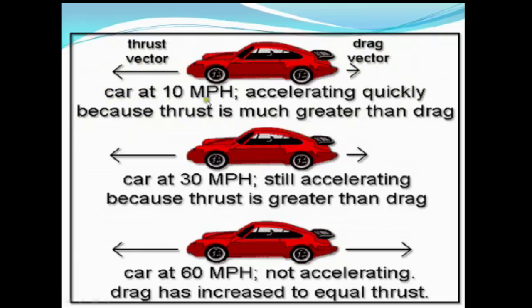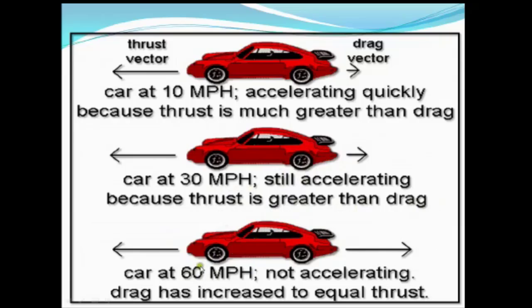Here the car at 10 meters per hour is accelerating quickly because thrust is much greater than drag, so it is moving faster. Here the car at 30 meters per hour is still accelerating because the thrust is greater than the drag.